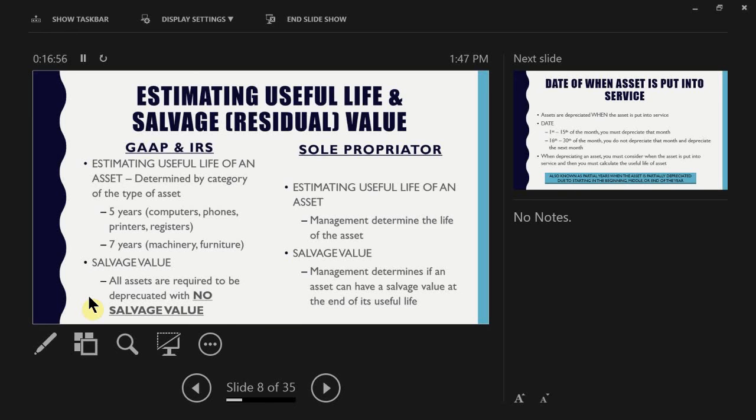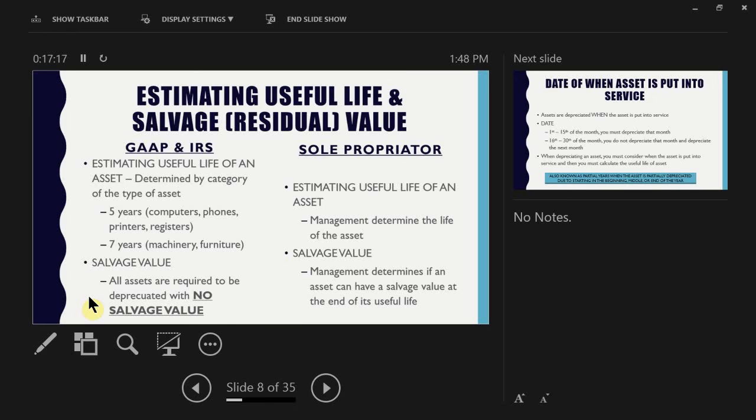Okay, so anybody that's not a sole proprietor must follow the rules of GAAP, and this is why I'm telling you this now, because if you plan to be a partnership or an LLC, you're going to have to follow the guidelines of GAAP 100%.